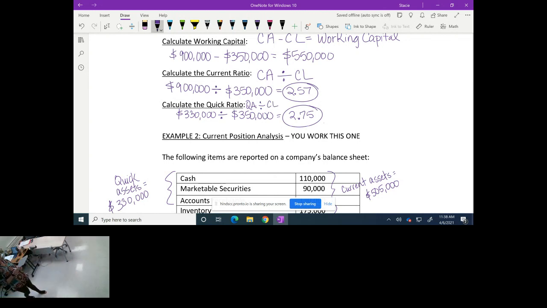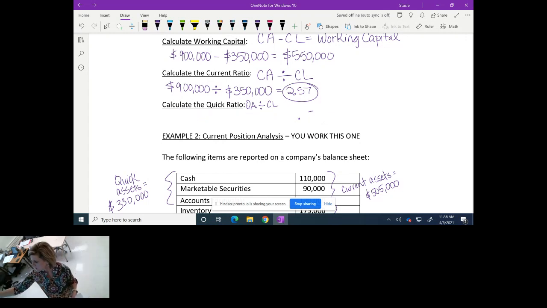Wait, where'd you get 330 from? Oh, I'm going to have to keep bending this piece of paper because I keep getting the ones below it. Sorry, y'all. Checking you out and seeing if you're paying attention. All right, so quick assets divided by current liabilities.